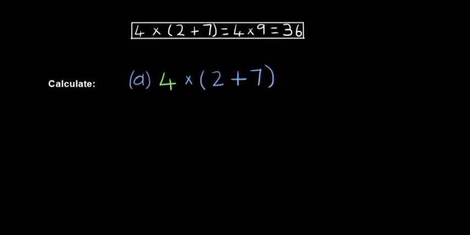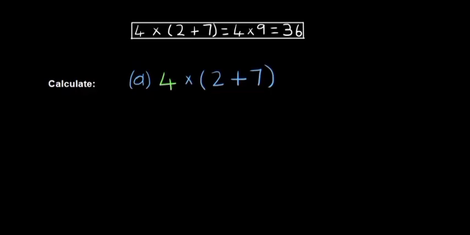In this question, if you apply the correct order of operations, you must get 36 as the answer. So we're gonna check and see if we can get the same answer from the distributive property of multiplication. According to the distributive property of multiplication, the number in front of the bracket is multiplied to each number inside the bracket.